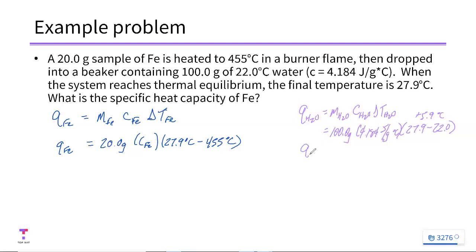So from this standpoint, I can figure out how much heat the water exchanged. 100 times 4.184 times 5.9, rounded to two significant figures, positive 2,500 joules.